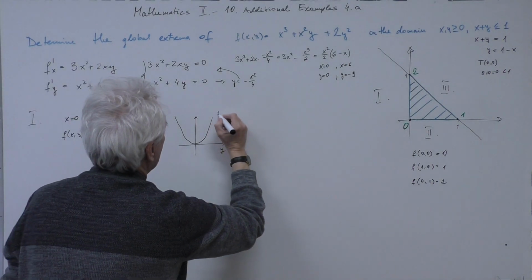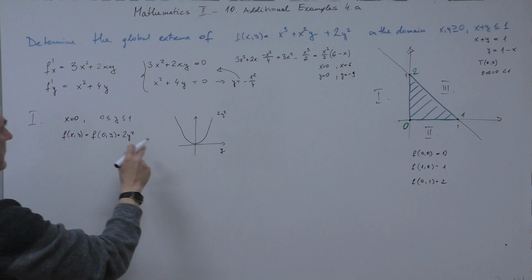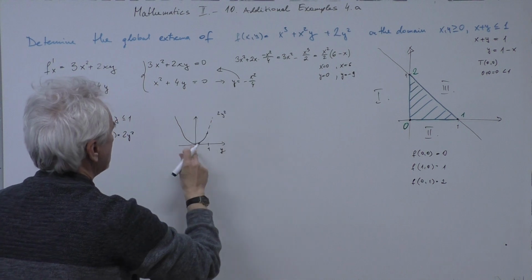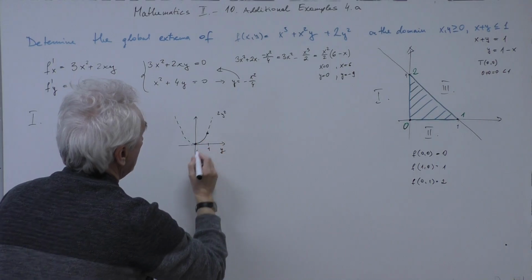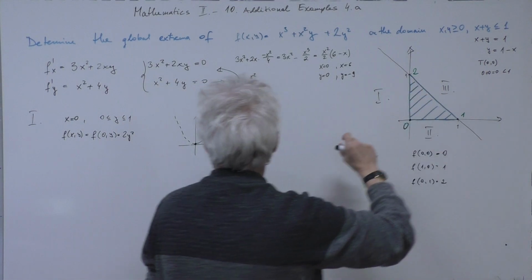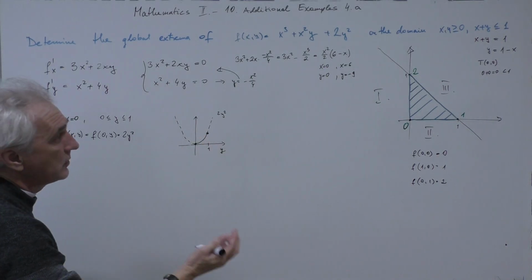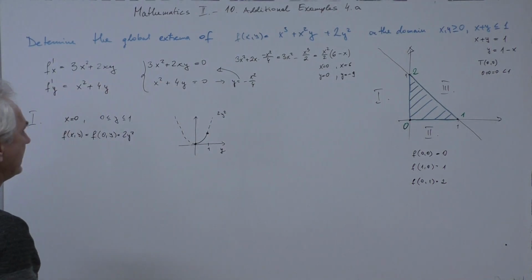But we have a condition that y runs from 0 to 1 only, so we have just this part. Clearly between 0 and 1 we don't have any critical points, and we have already considered the vertices, so no more points we have to take there.